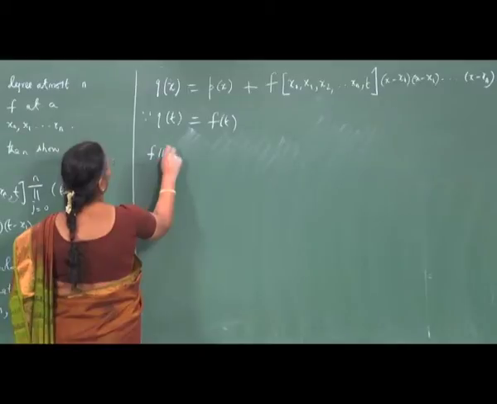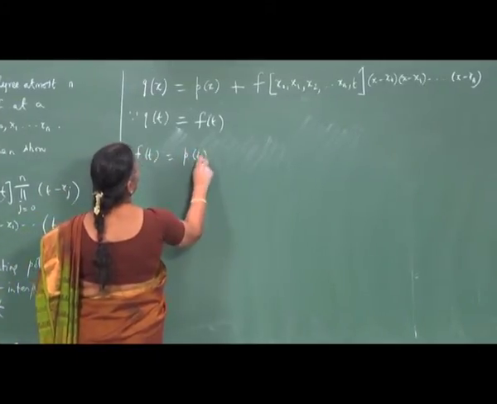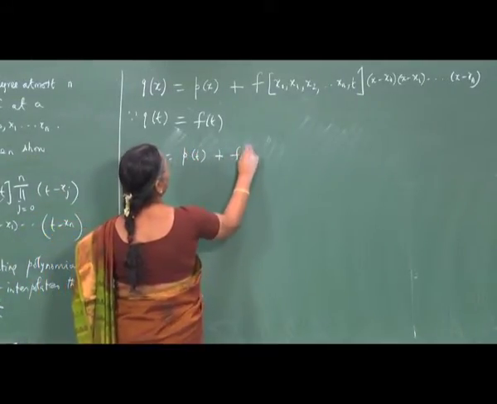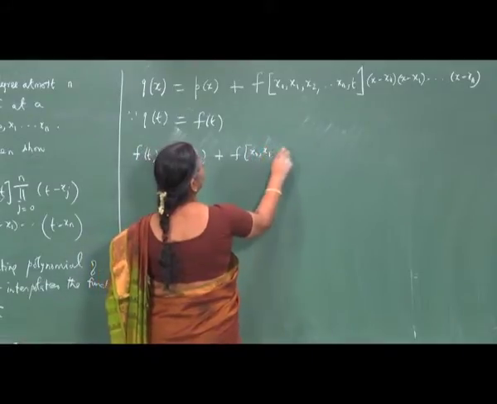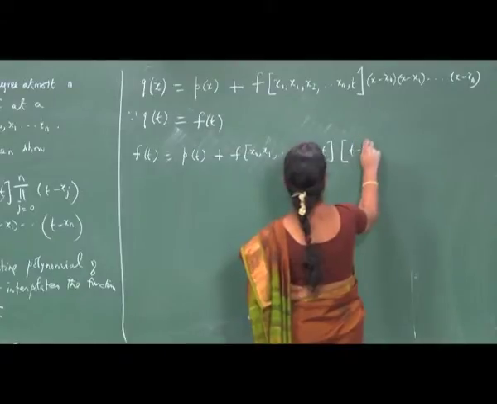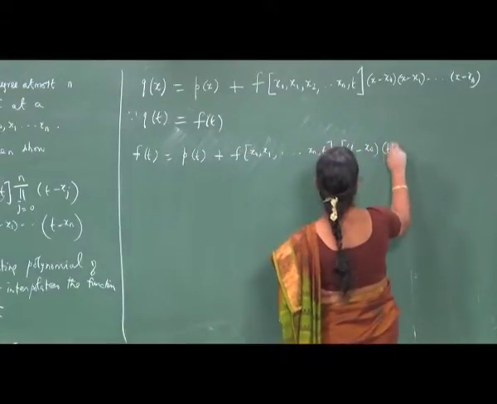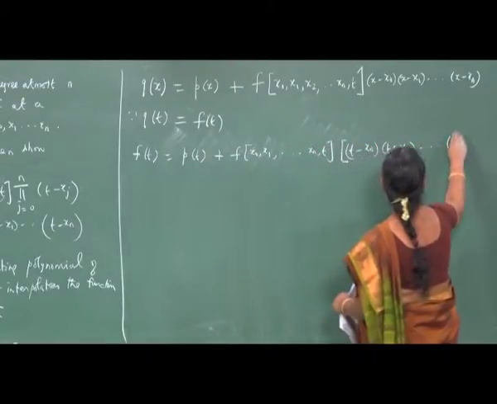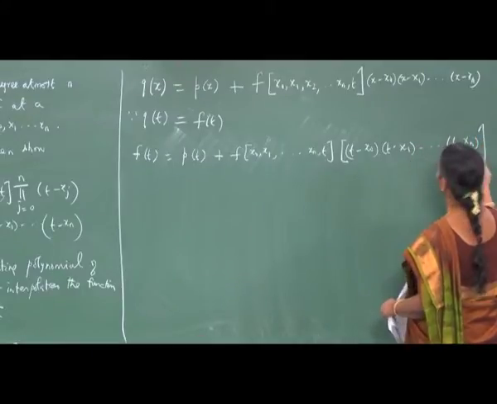So, I have f of t will be p of t plus f of x0, x1, etc., xn, t multiplied by t minus x0 into t minus x1, etc., up to t minus xn.